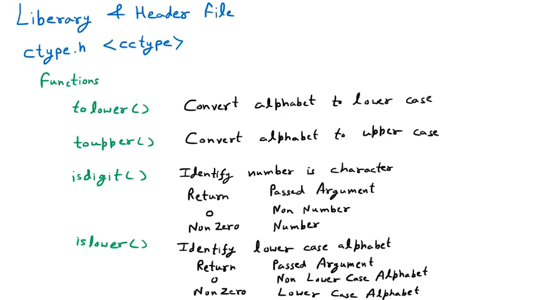Let us suppose I am taking the example of to lower. First of all, if I say char, because we know that all these functions are going to work on the character because it is a C type.